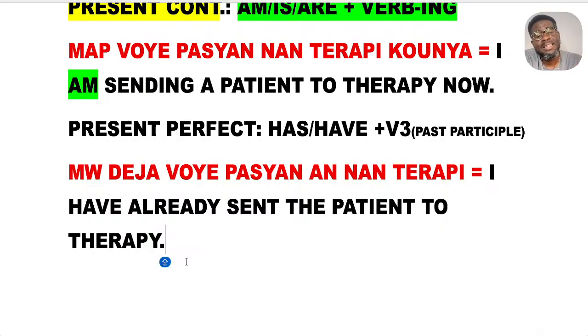I have sent the patient to therapy. So, sa ou gen tan fel, men li gen koneksyon avek kounya la, sa ka vle di ke, ba li poko fini, pasyen gen tan ale, men, li gen dwa toujou nan terapi, etc. Ok? Ou bientou, present perfect lan, nou kon utilize l tou pou lot konteks, pou eksperyans ke ou fe nan vi ou.